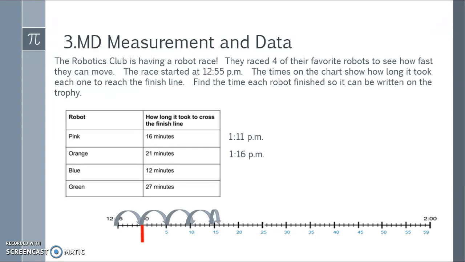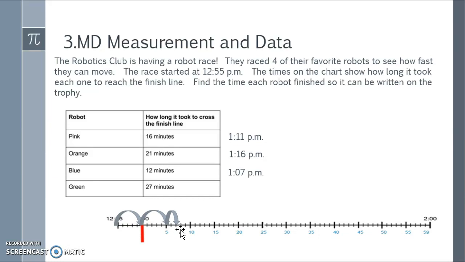When I look at the orange robot, I can just go off of where I just finished with my pink one. If I went 5 more to get 5, 10, 15, 20 minutes, then I just need 1 more minute to reach 1:16. The blue robot, however, finished in 12 minutes. So we would need to go 5, 10, plus 2 more to get 12.